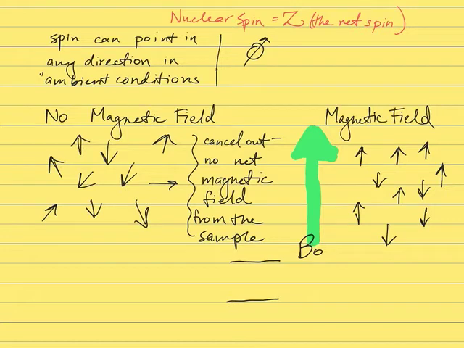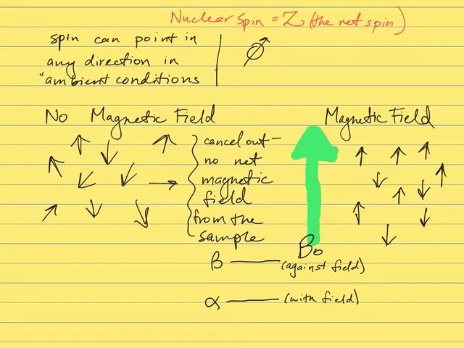So we describe these as two sort of energy states, alpha and beta. And alpha is with the magnetic field, and beta is against that magnetic field. And again, that magnetic field that I'm referring to is the external magnetic field B naught.